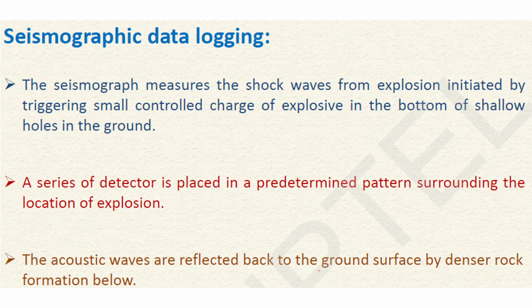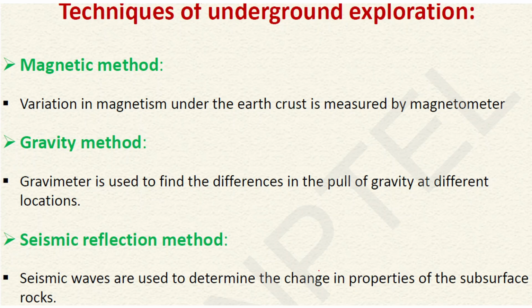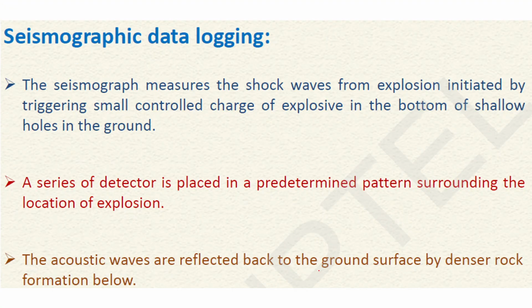Taking this seismic reflection method further, there is seismographic data logging. A seismograph measures the shock waves from explosions. As I have told, the shock waves are given either from an explosion or by some kind of thrust down below the earth. A series of detectors are placed in a predetermined pattern surrounding the location of this explosion.